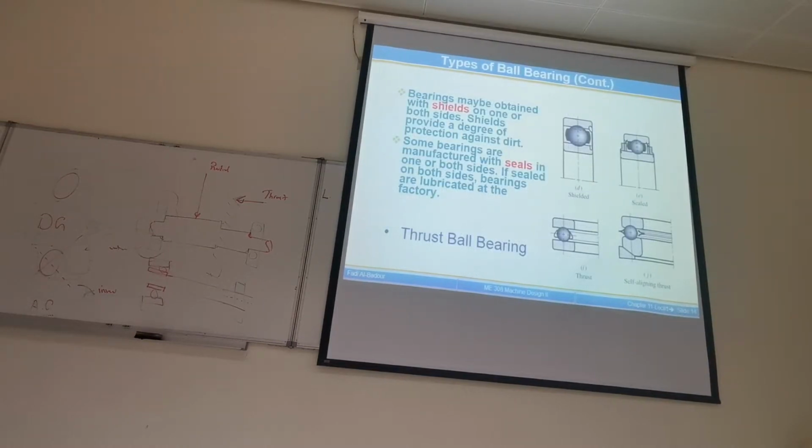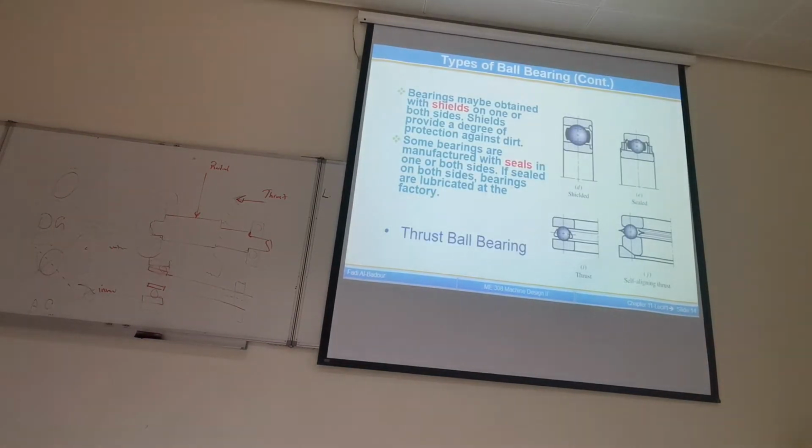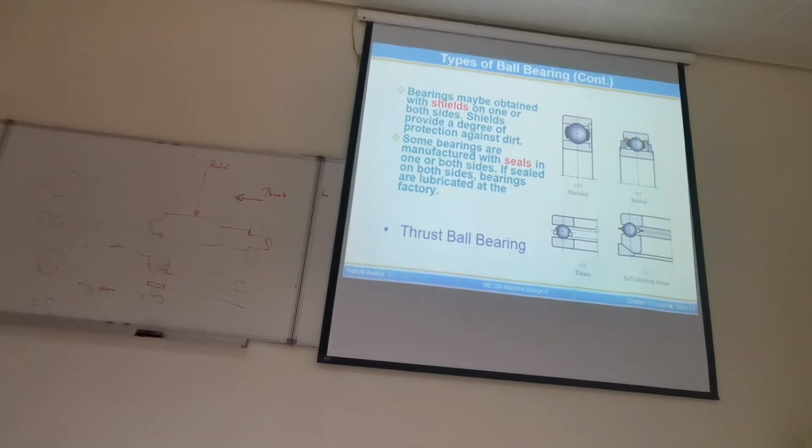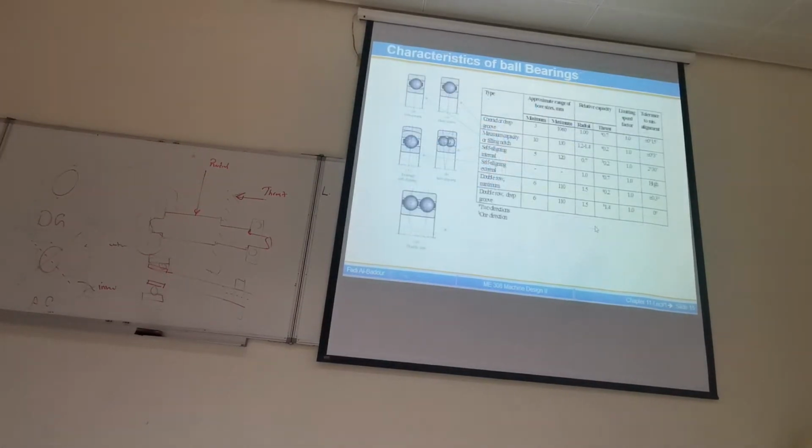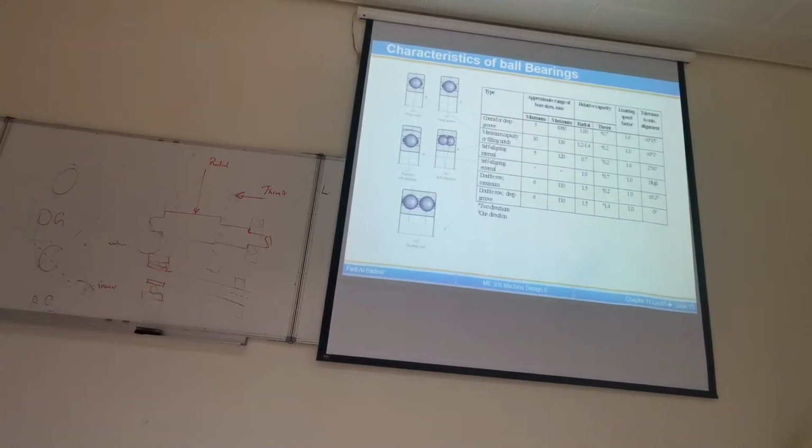Now there are other types of bearings, that are thrust bearings. We're not going to cover thrust bearings in this chapter, but now this is showing a kind of relative capacity between the types of bearing. The relative capacity is compared to a deep groove. So you can see a deep groove ball bearing is taking 1 as a capacity.